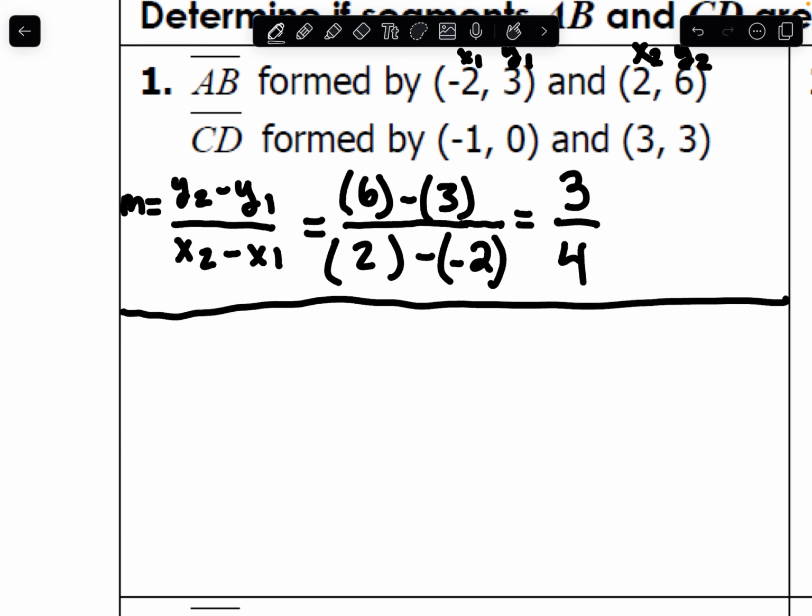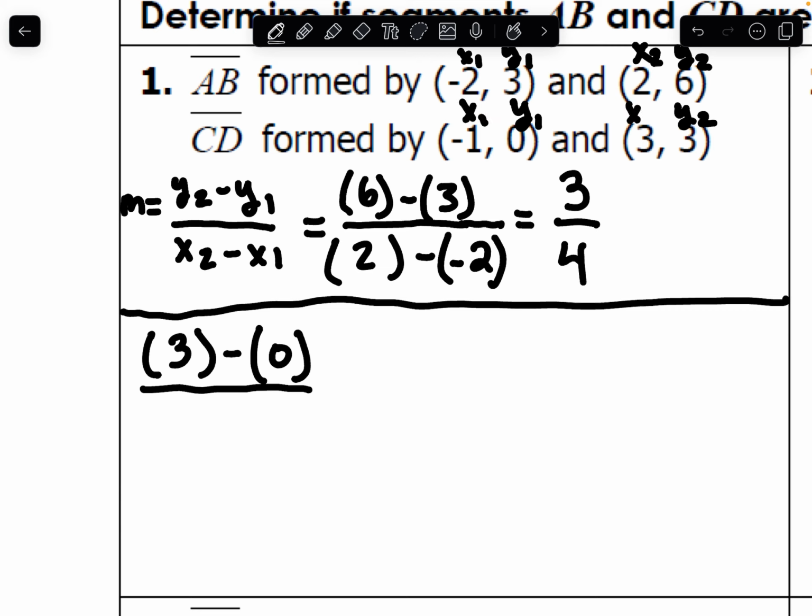If we look at the second one, we have y2 is 3 minus y1 of 0. If you want to write it twice, you can. If you just want to go down, you can.